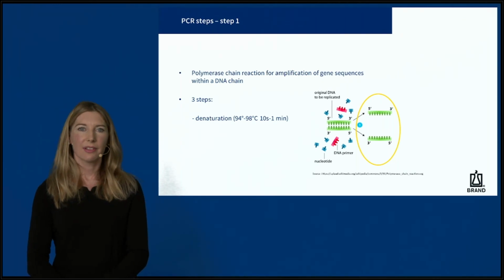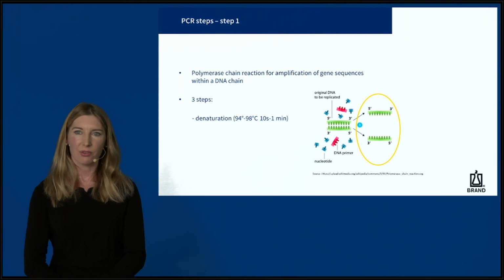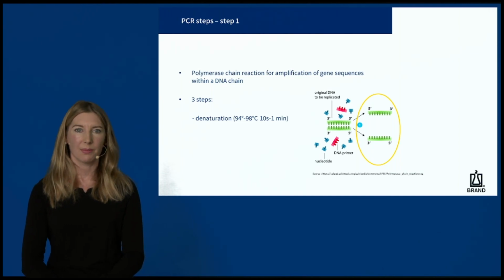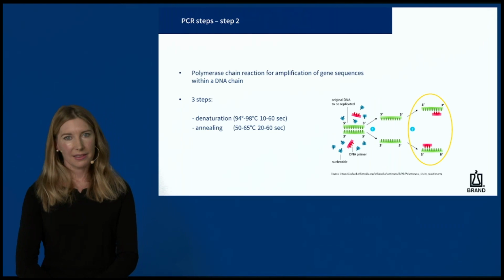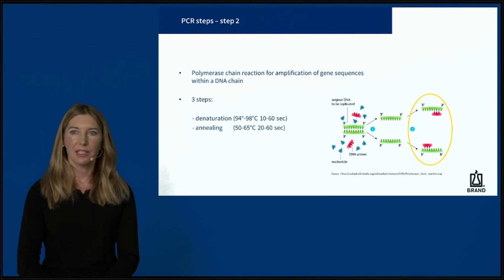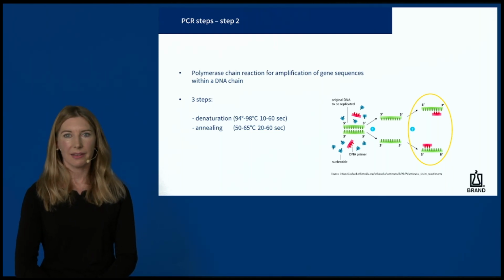During denaturation, the reaction mix is heated over 90 degrees, and the double-stranded DNA is divided into 2 single strands by disrupting the hydrogen bonds between complementary bases. In the next step, the annealing, the primers anneal at the single strand between 50 and 60 degrees. The optimal annealing temperature depends on the length and the sequence of the primers.